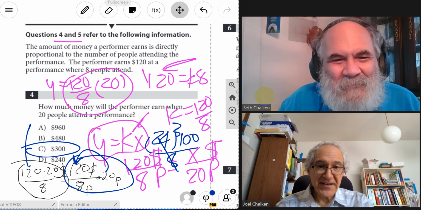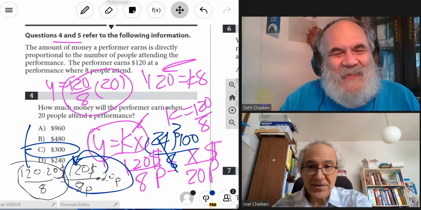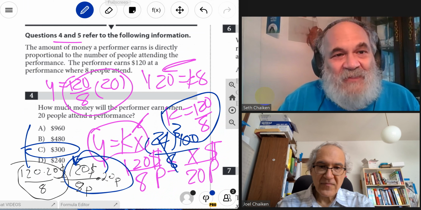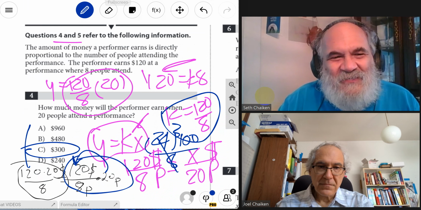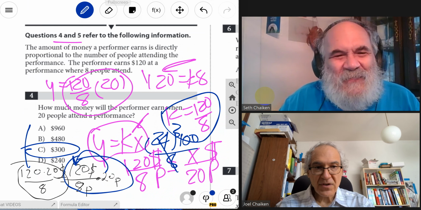Notice that it's unnecessary and sort of a waste of time to actually calculate a number for K. That's an important point. You might have simply seen, here's the rate. What is K? K is 120 divided by 8. You have a calculator, you can get it, which is 30.